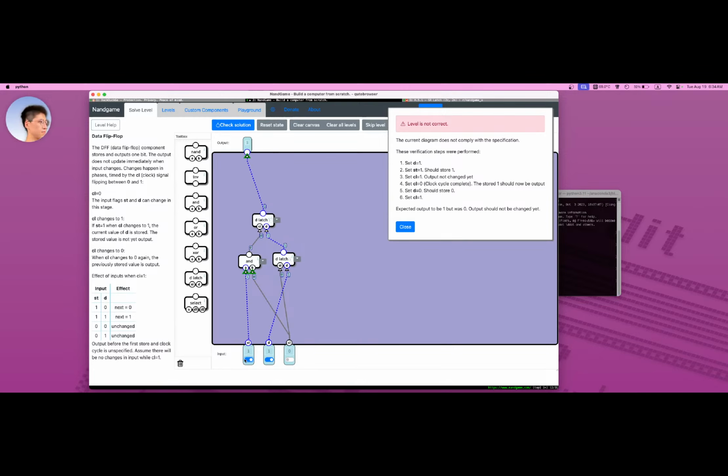Let's start again. D is 1, ST is 1, clock is 1. Output not changed yet, but we are already outputting. That's the problem. Set clock to 0. The stored 1 should now be output.